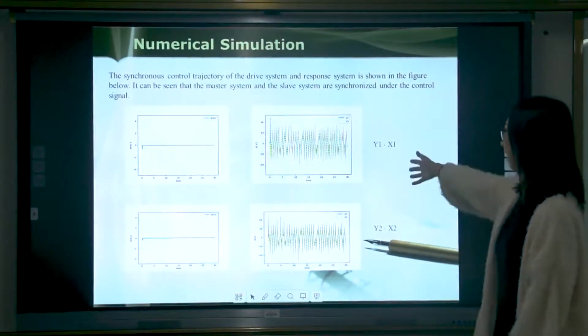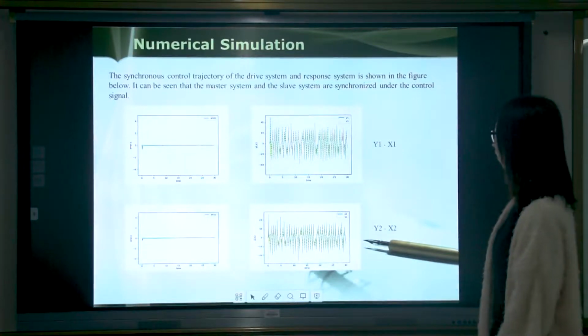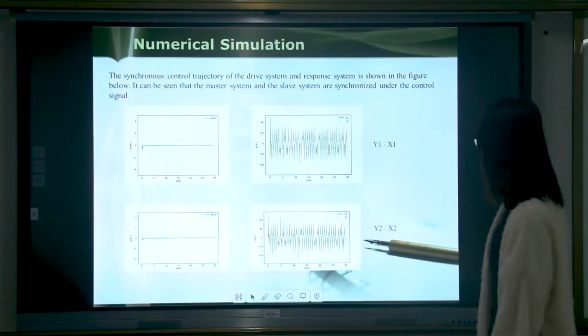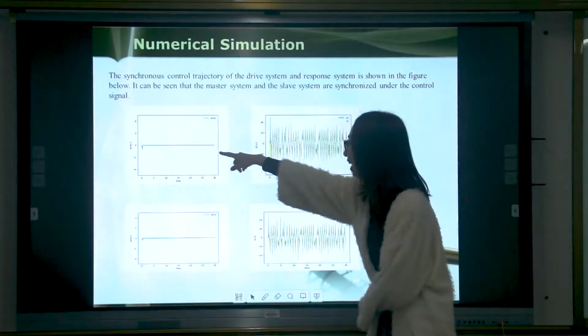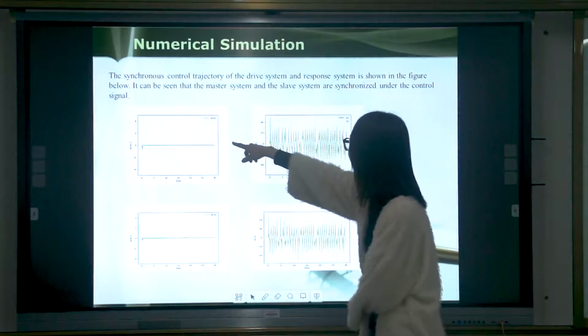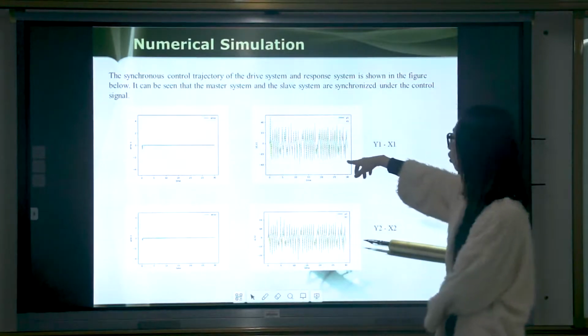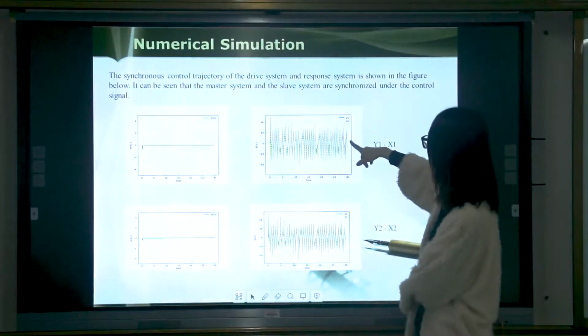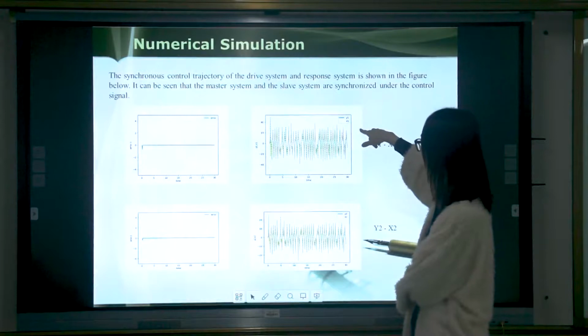So now it's my numerical simulation results. You can see in this blue line, it's the error. And this one is the synchronization control trajectory. The blue line is Y1 and the yellow one is X1.